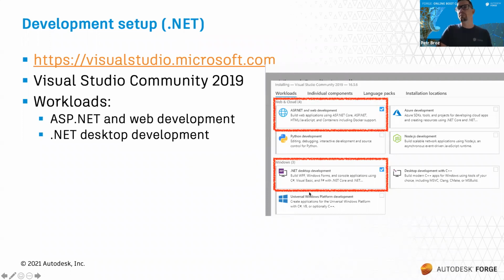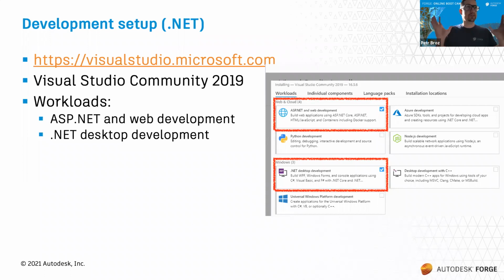I mean, this one may not be strictly necessary for today. I think this one is really going to be important for tomorrow, for the final topic of the online bootcamp this week, which is going to be the use of the design automation service in Forge.